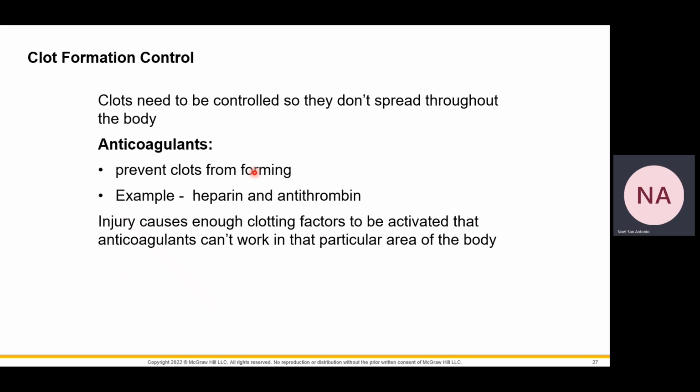Kaya after a major surgery, for example, orthopedic surgery, wherein the patient will be immobilized, o kaya after a spinal cord injury wherein the patient is already paralyzed, in order to prevent excessive clotting, they are given anticoagulants. An example of anticoagulants are heparin and some antithrombin. So therefore, yan ang mga ibinibigay sa pasyente para hindi sila magkaroon ng excessive clot formation.